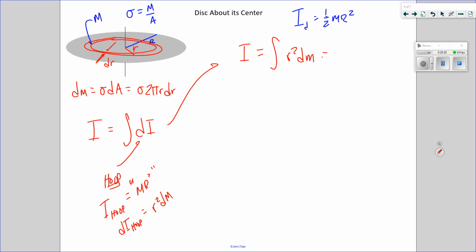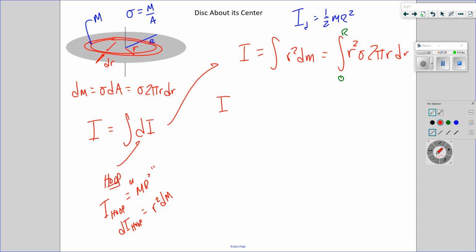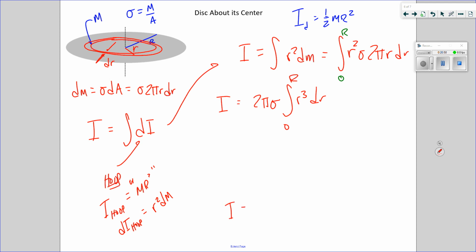We just went through some pains to show that this is r squared sigma 2 pi r dr, where r varies from nothing to big R. So let's see, that's 2 pi sigma r cubed dr from 0 to R. I'm out of time, folks, so you can run this integral, and you will show that this gives you what you want, 1/2 m R squared.